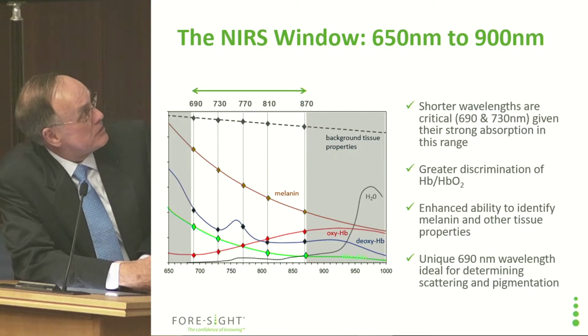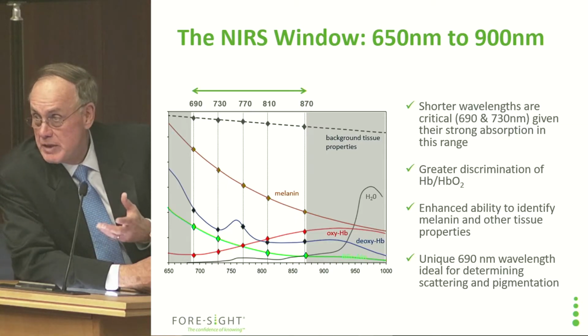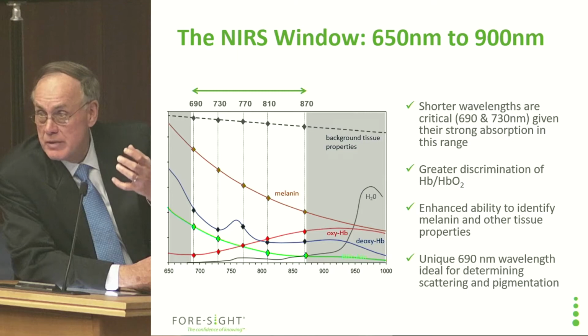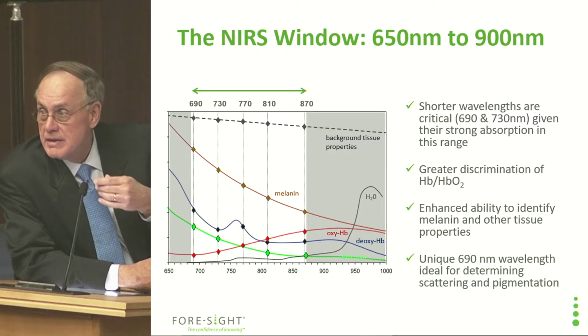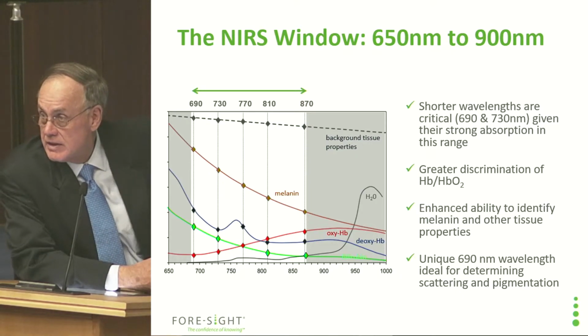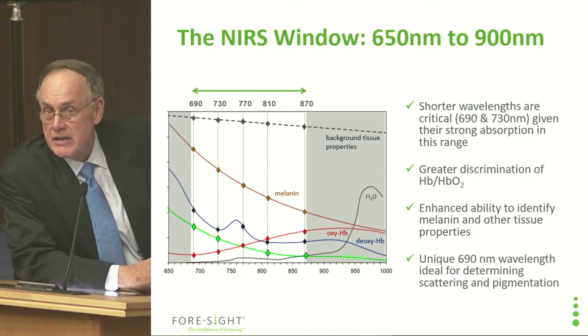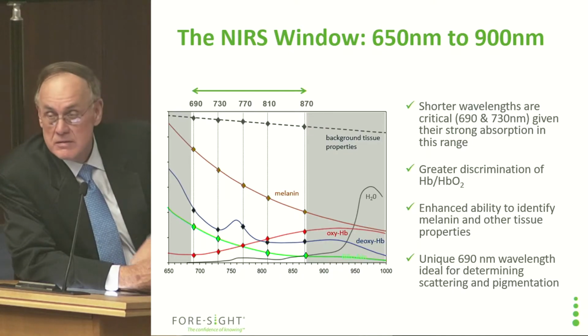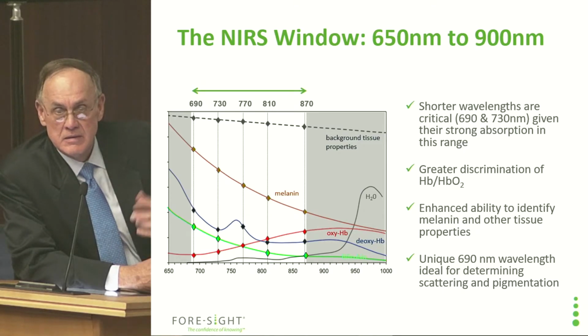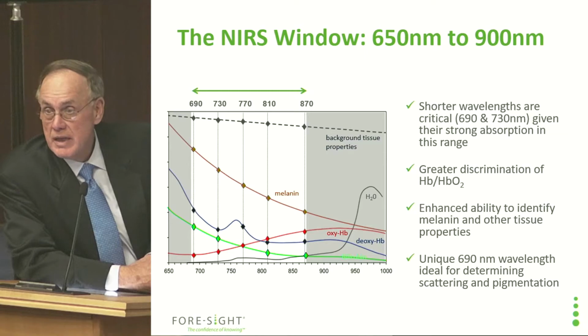We also make measurements for melanin or skin pigmentation, how much light is absorbed by the skin, as well as bilirubin. I don't know if patients in liver failure have high bilirubin. That also absorbs the near-infrared light. And then there are other things, background tissue properties in the brain, lipids, things like collagen, that absorb the light.